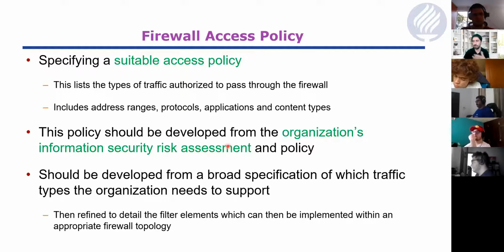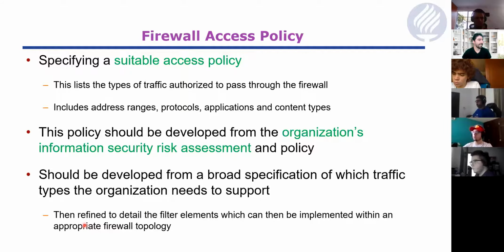So it's not just one set of rules to take care of everything. And it should be developed from a broad specification of which traffic types the organization needs to support. Again, it makes pretty much sense. I mean, if you are a financial institution, there are certain traffic types that don't make sense at all to pass through your firewalls, right? Or even if you are an educational institution, certain traffic types don't make sense to pass through, let's say.